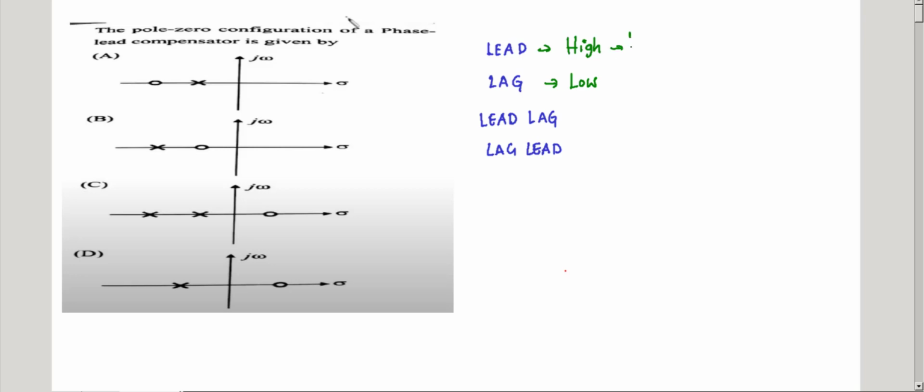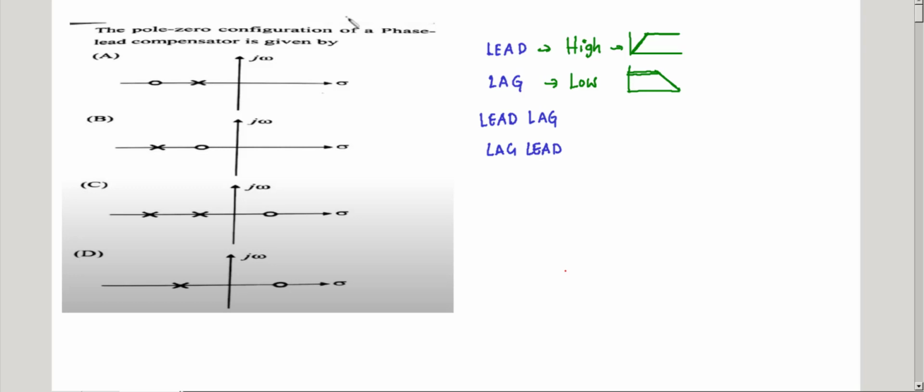If you see the response, it is going to a high value, going positive and going like this. You have the low pass filter going to 0. Okay, so this is a low pass filter. The response will look like this. Sir, how to remember?